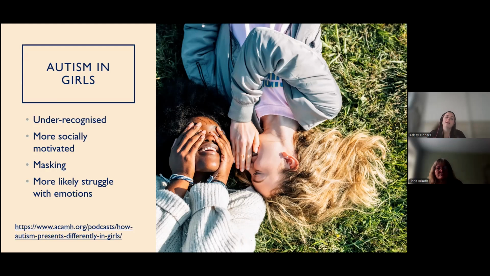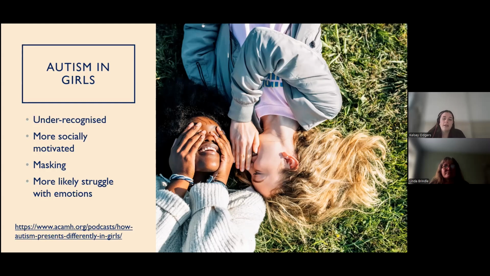Another term to think about here is masking. And I know this is something that came up a couple of times actually in the Slidos. So it's a term that some of you have heard of. But essentially, masking is referring to when neurodivergent people try and hide or cover up their difficulties. So, for example, trying really hard to learn social norms to try and fit in or not show their distress.